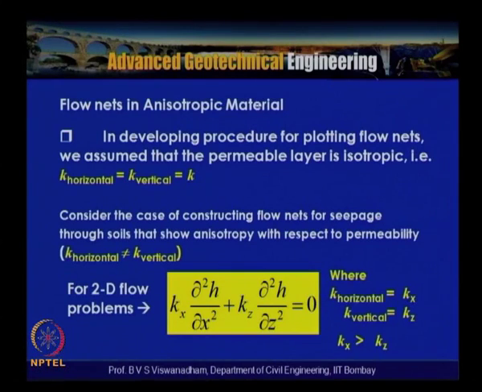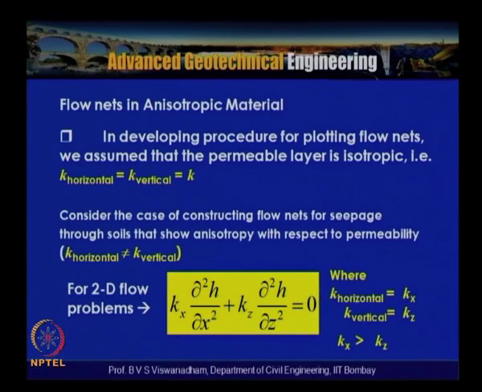But in certain soils subjected to very high pre-consolidation pressures, where locking of pressures takes place, K horizontal will be less than K vertical, but this is not quite common.